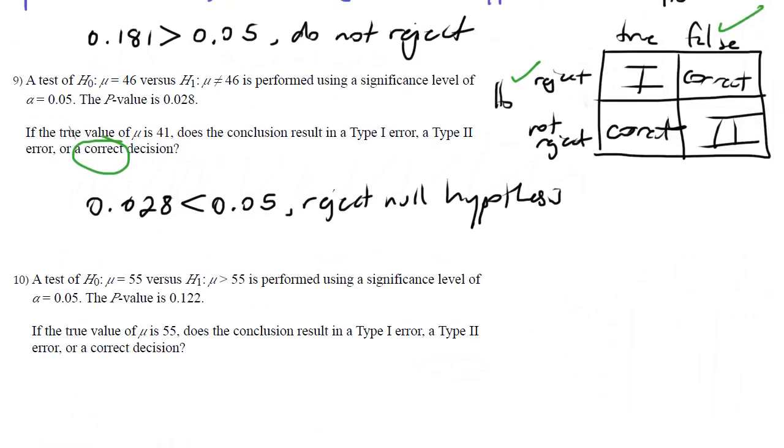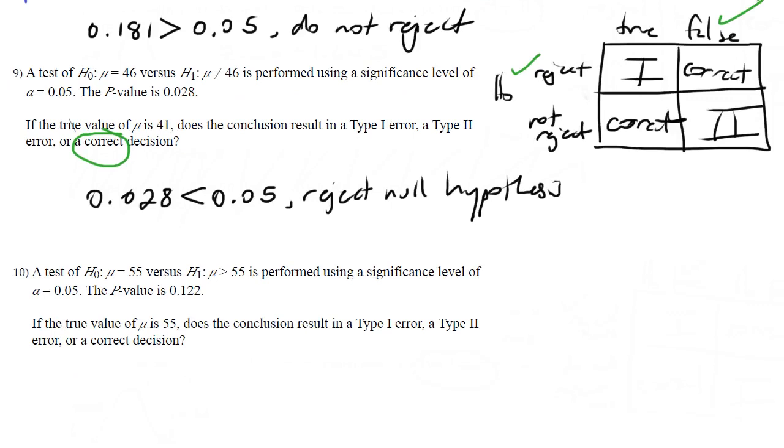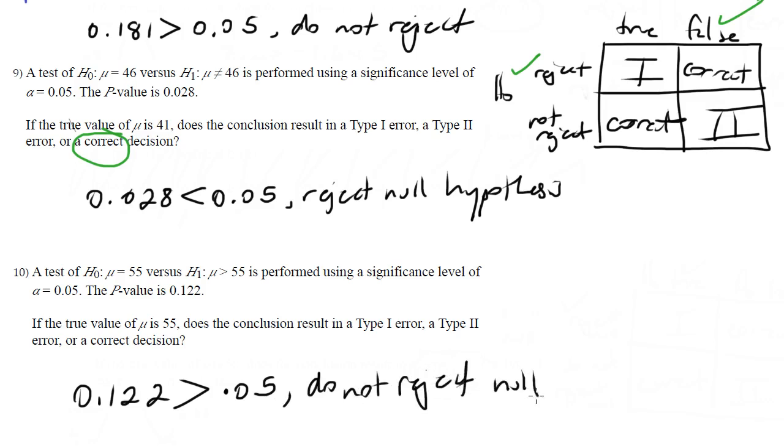Okay. Number 10. Same stuff. The p-value is 122 thousandths. Alpha is 500ths. P-value is definitely greater. So do not reject the null.